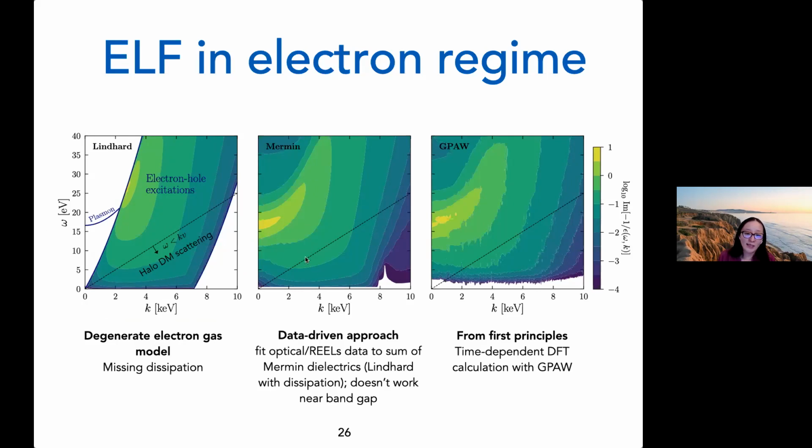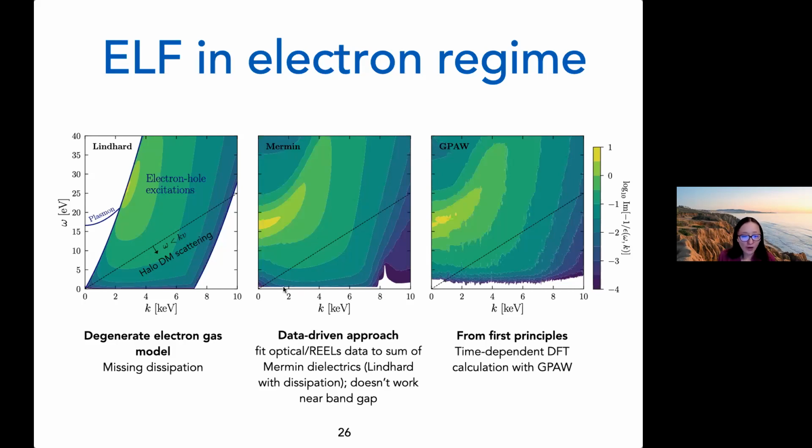This middle one is a data-driven approach. Basically, we followed some earlier work that was fitting experimental data on the energy loss function and used it to construct some more analytic version of it.